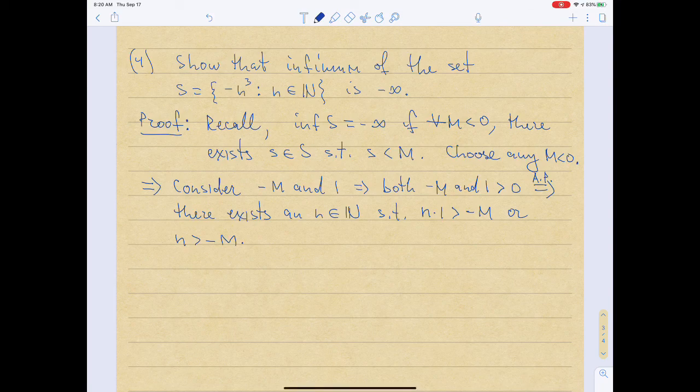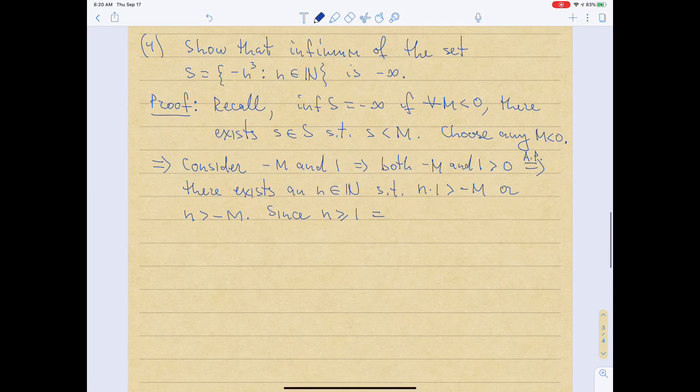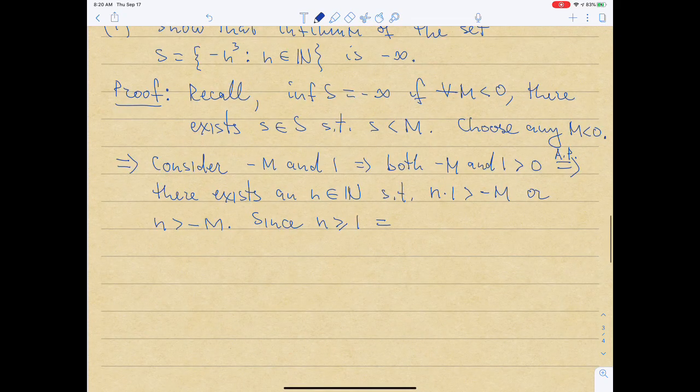Well, then what will happen if I cube that natural number? Since n is greater or equal than 1, let's try to do it more carefully here. Later on, we will skip steps when we do similar computations.